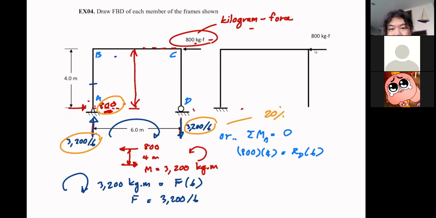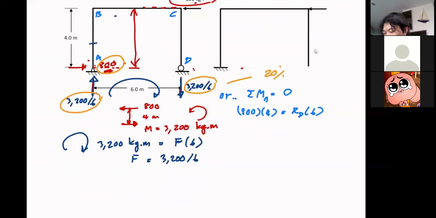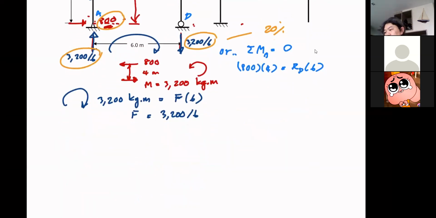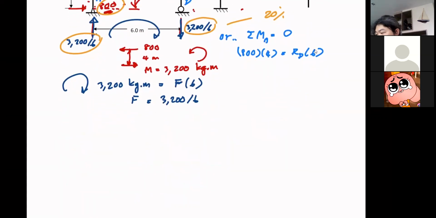So for the whole, you are not beyond the level of constructing the free body diagram, because you cannot complete the free body diagram of the whole system. Okay, so the first thing that you should do is try to complete the free body diagram of everything. So let's look at member AB.